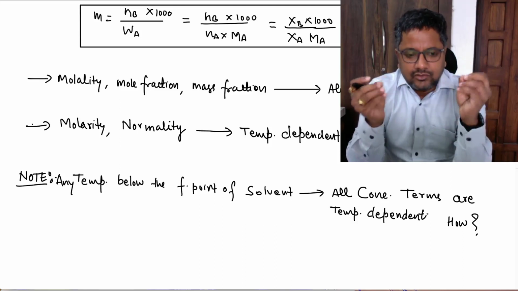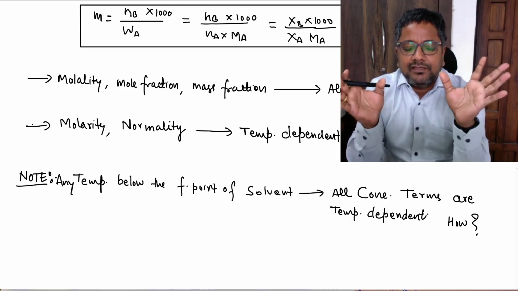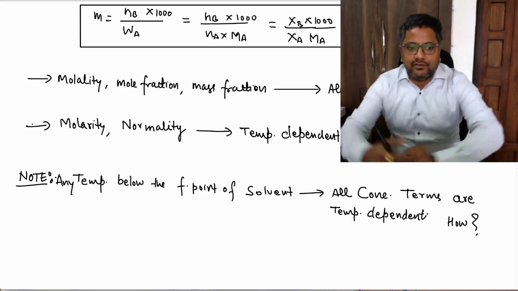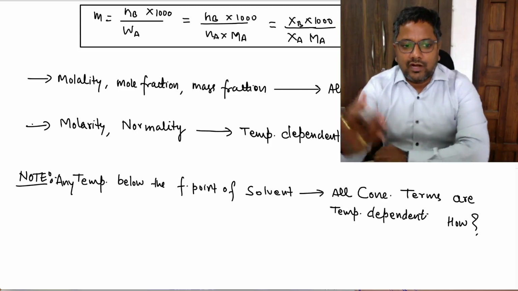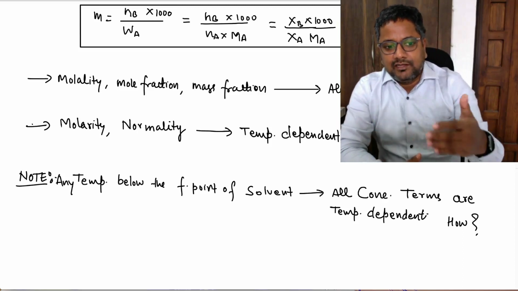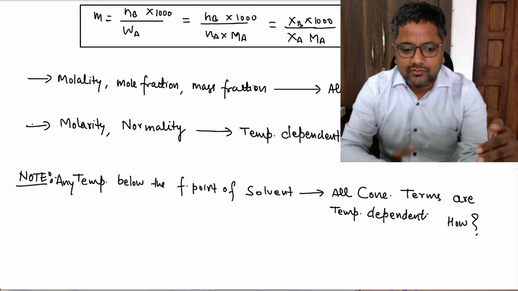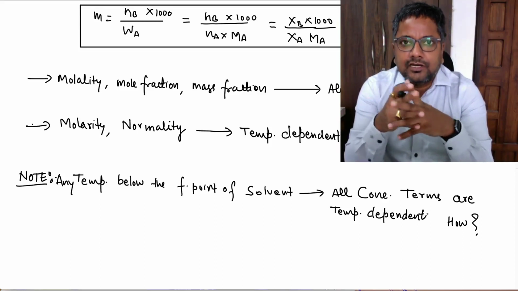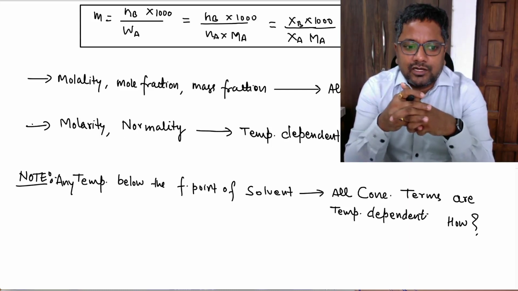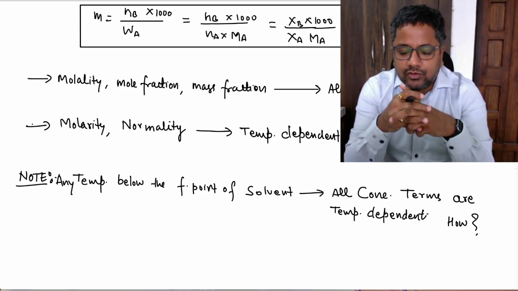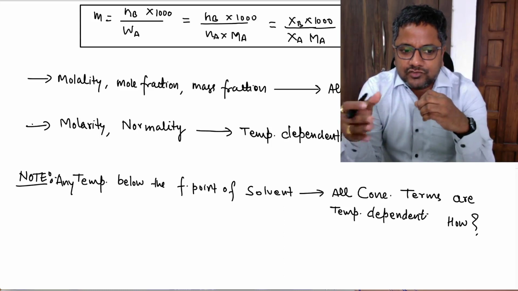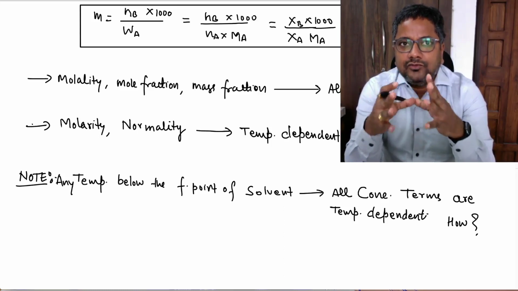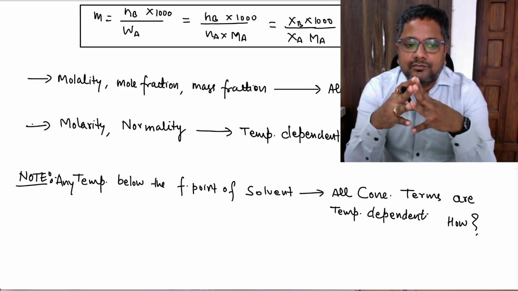So if an aqueous solution of H2SO4 is frozen, ice will separate out and H2SO4 will remain. So what will happen when you decrease the temperature of an aqueous solution below 0 degrees Celsius?